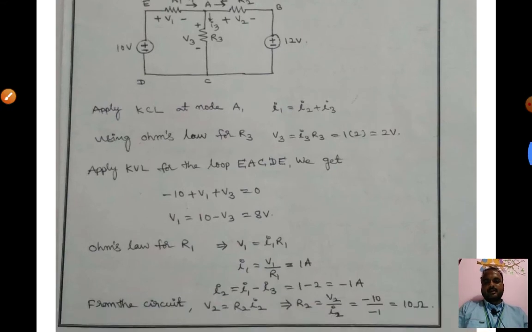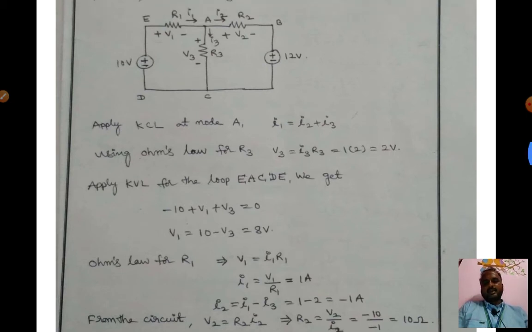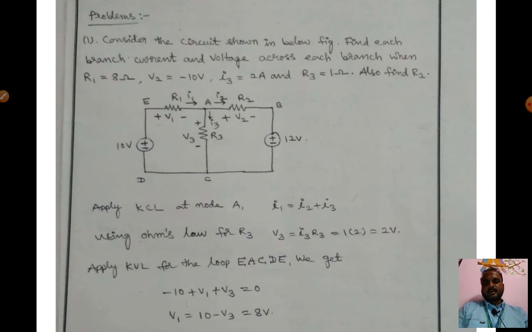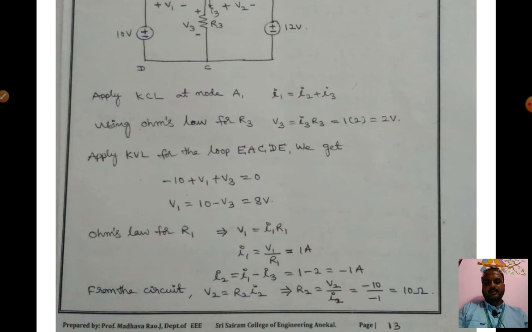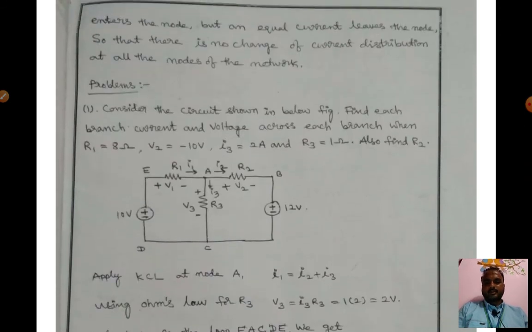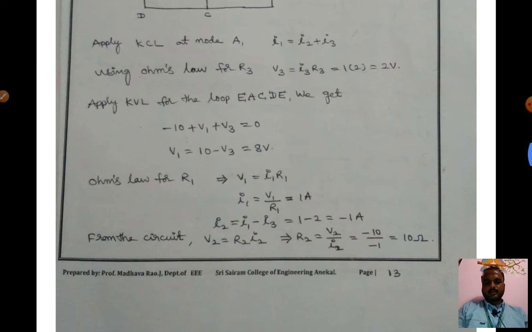Ohm's law for R1: V1 is equal to I1 into R1, so I1 is equal to V1 by R1, which gives 1 ampere. The V1 and R1 values are given: V1 is 8 volts and R1 is 8 ohm, so I1 is equal to 1 ampere. Next, I2 is equal to I1 minus I3.